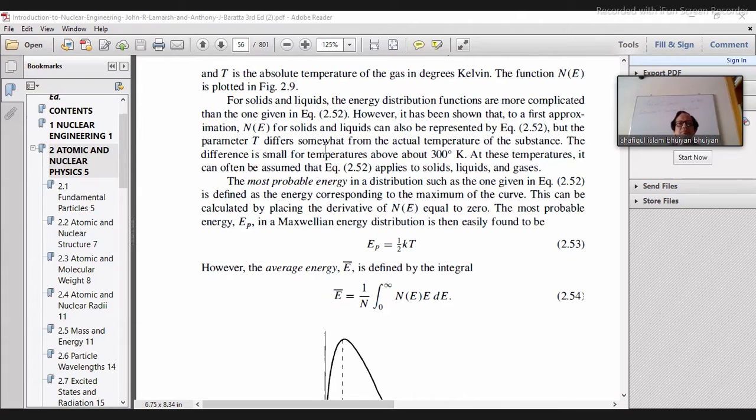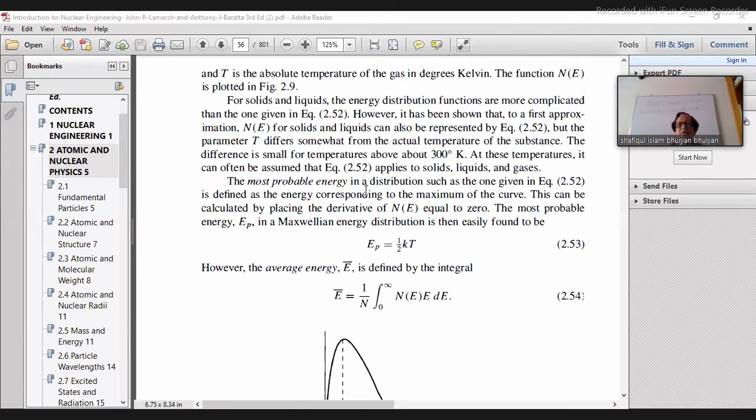In that case, the energy distribution functions are more complicated. Well, for solids, however, it can be used. The difference is small above about 300 degrees Kelvin. At such temperatures, it can be assumed to apply to solids, liquids and gases, with some approximations.